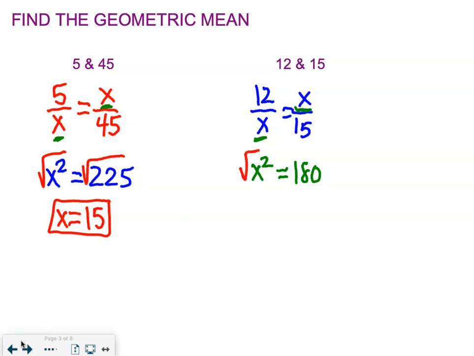So now this is kind of like, did I learn this or did I not learn this last year? I don't know what you learned, right? But we're going to do a little mini lesson quick. I have to figure out what perfect square evenly goes into 180.